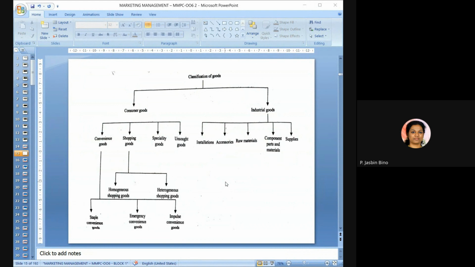Industrial goods are divided into installations, accessories, raw materials, component parts, and material supplies. Convenience goods are again divided into staple convenience goods, emergency convenience goods, and impulse convenience goods. Shopping goods are divided into homogeneous shopping goods and heterogeneous shopping goods.